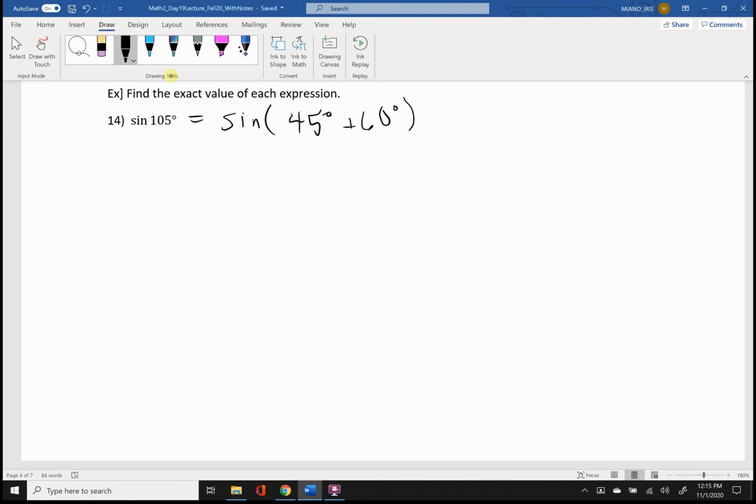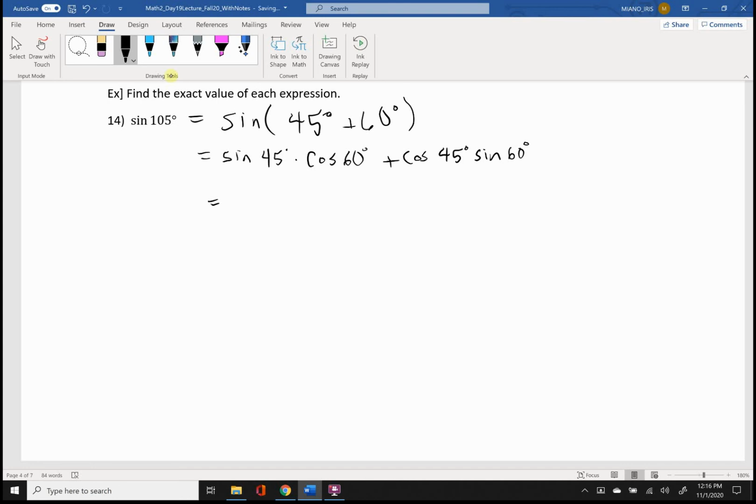So, in any event, let's use the sum formula for sine, which is sine, cosine, cosine, sine, and we keep the sign of addition in between them. So that's the sine of 45 degrees times the cosine of 60 degrees, plus cosine 45 degrees times sine 60 degrees. And we'll replace, and go back to your unit circle if you haven't memorized these yet.